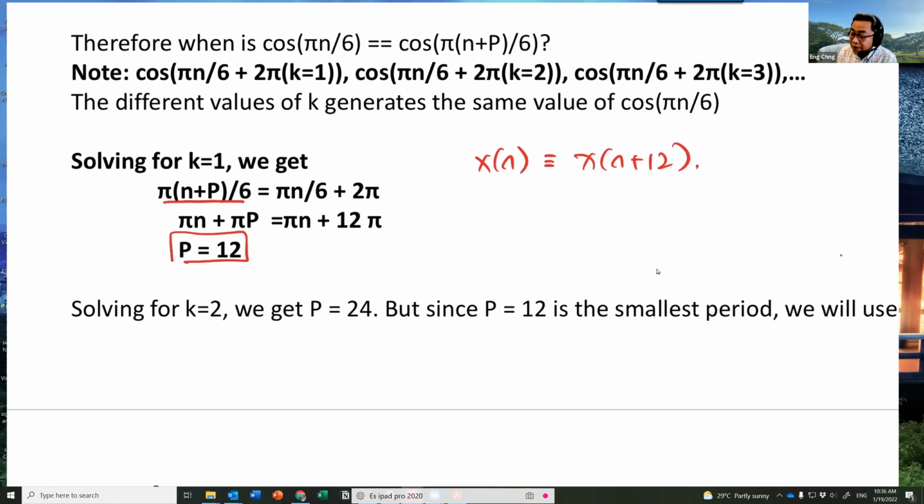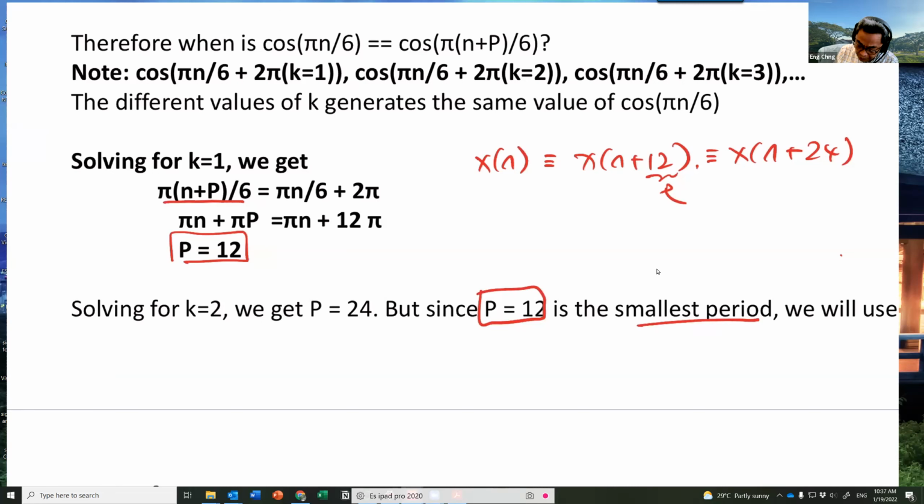So we can find the period. Of course, this is also equal to x[n plus 24], because if this is the smallest period, then any multiple of the period is also repeating. But we are interested in the smallest period for any quiz.